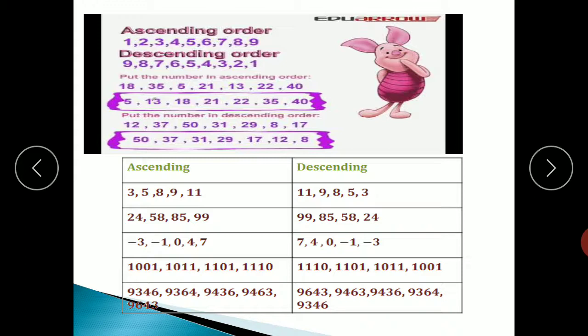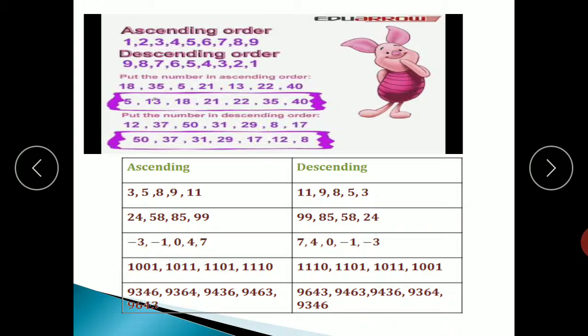The inverse of that is descending order. So the taller boy is going to be first, then a little smaller, then smaller, then smaller. The last one, the short boy, is going to stand in the last position. So we can say with the help of numbers, first the ascending order: 1 2 3 4 5 6 7 8 and 9.